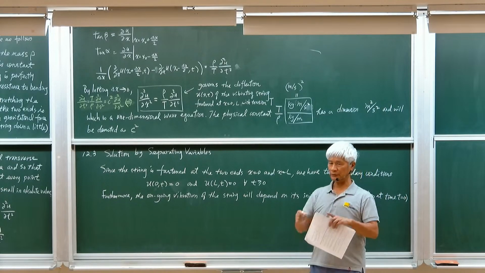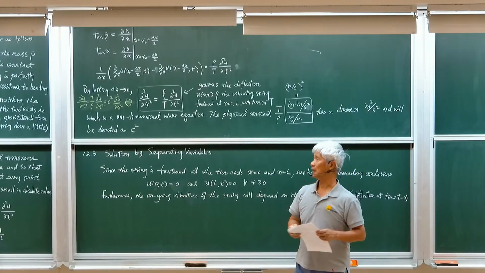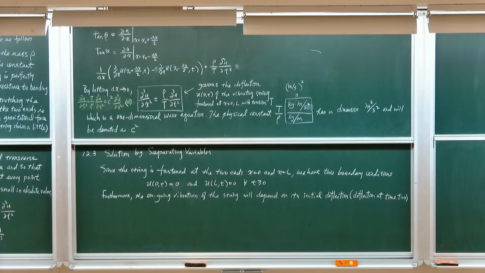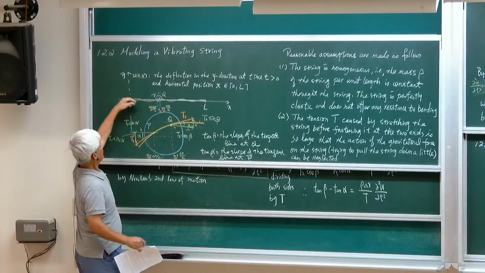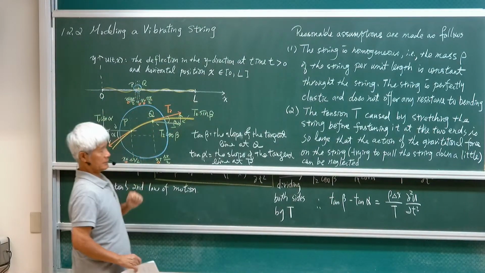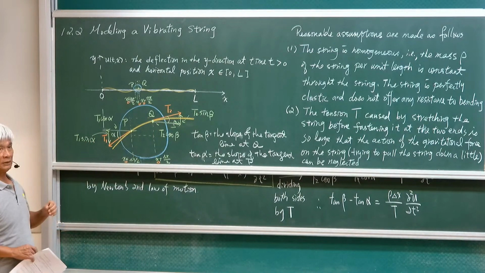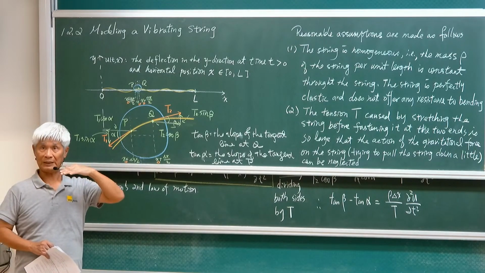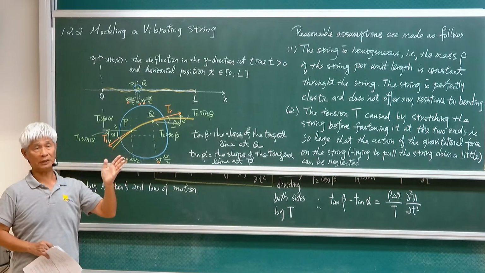For example, if you do not pull the string, and the string remains stationary, then there will be no vibration, right? So u(x,t) will be 0.